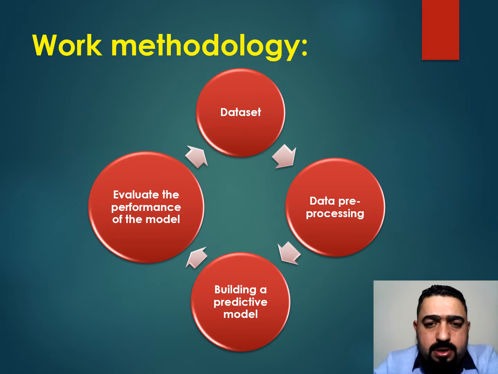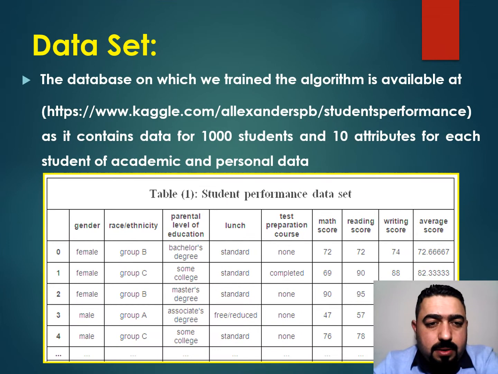Work methodology. It contains four stages: data set, data pre-processing, building the predictive model, and evaluating the performance of the model. The first stage in work methodology, data set.